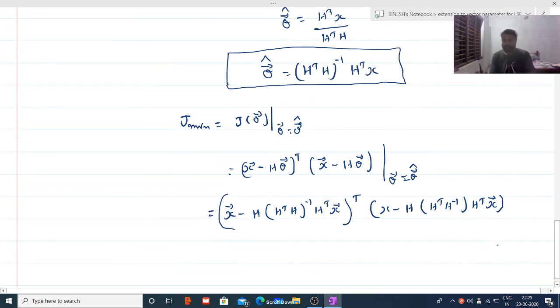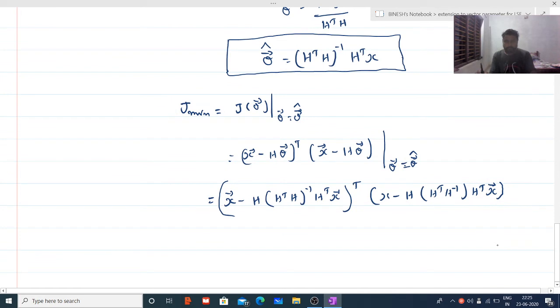Clear? So I will take x transpose outside, and what remains is identity minus H transpose H inverse H transpose.